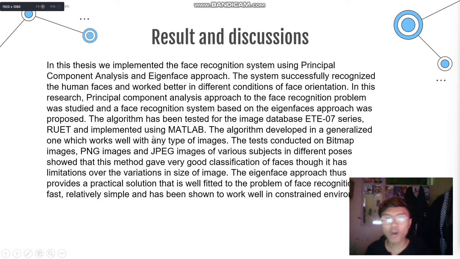The tests conducted on bitmap, PNG, and JPEG images of various subjects in different poses showed that this method gave very good classification of faces, though it has limitations over variance in image size. The eigenface approach thus provides a practical solution that is well suited to the problem of face recognition. It is relatively simple and has been shown to work well in a constrained environment.